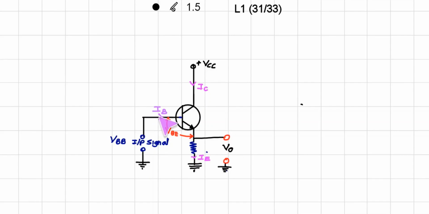Here it is IB, IC and IE, and the relation is IE equals IB plus IC. The input voltage in common collector configuration is the base-collector voltage, and the output voltage is the emitter-collector voltage. The input current is IB and the output current is the emitter current IE, passing through this resistance, which gives us the output voltage.